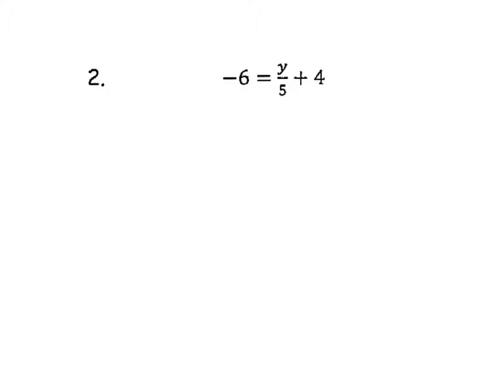Number 2. Okay, so now add or subtract first. The constant is what I focus on. That 4 needs to go over to the other side. So try it. Get the 4 over by the opposite of addition, subtraction.